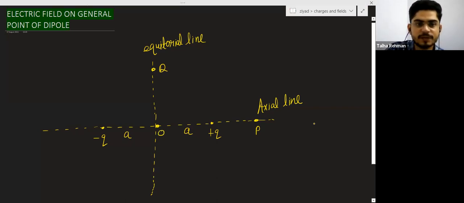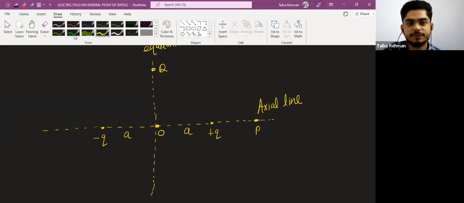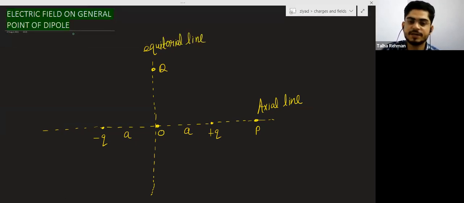Now we will calculate the electric field at any point here.